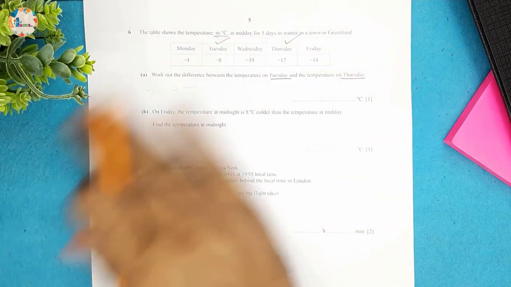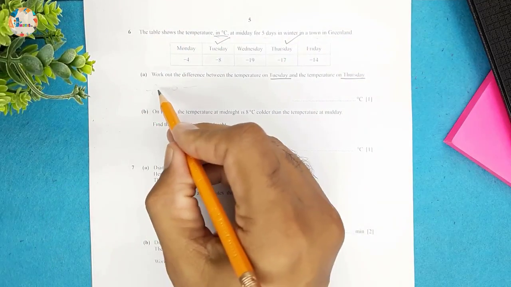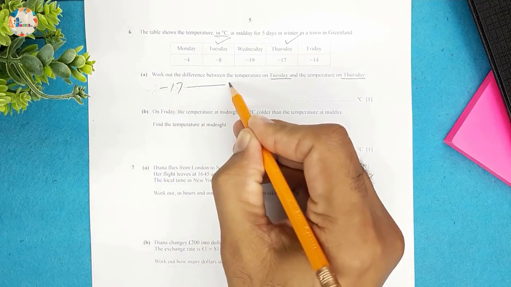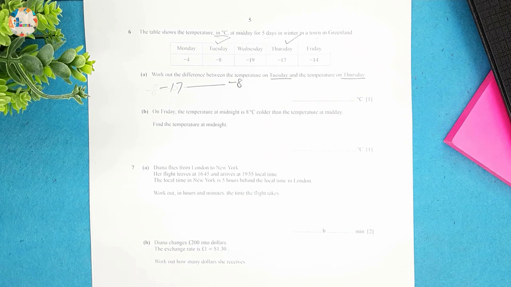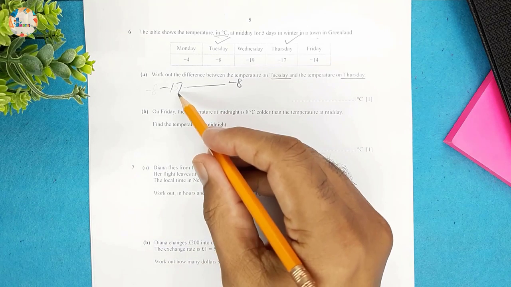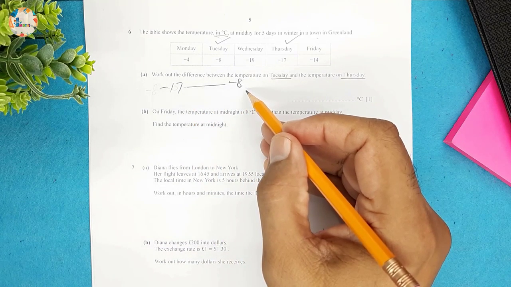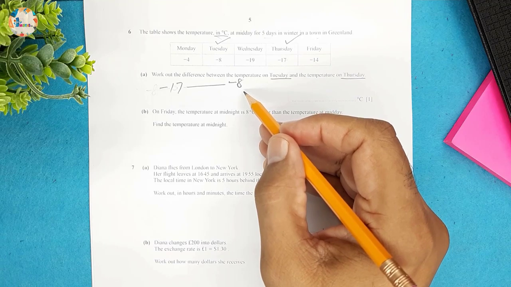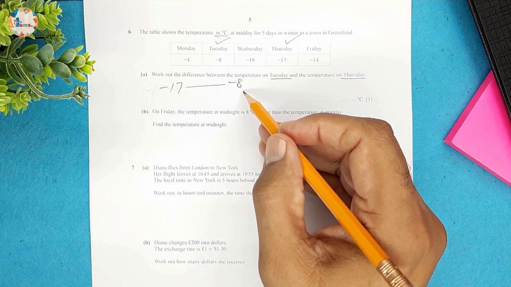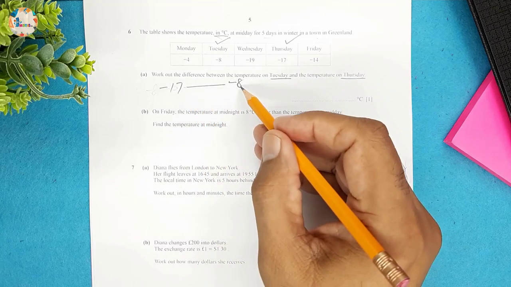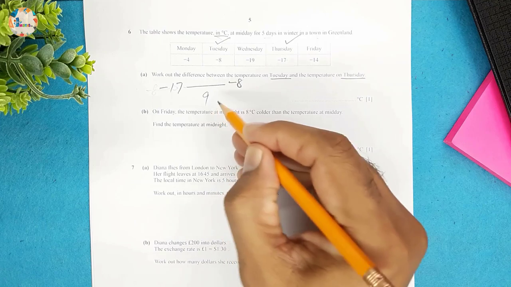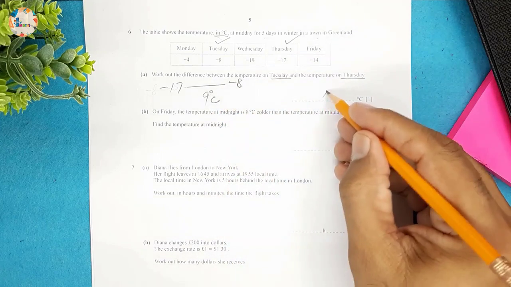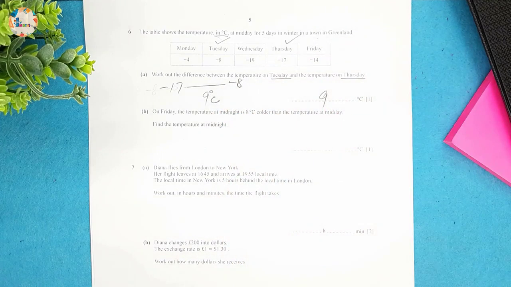So what we will be doing, we will be checking from -17 up to -8. So 8 plus 9 will be 17. So there are 9 degrees Celsius difference between these. So we can write 9 degrees Celsius for this part.